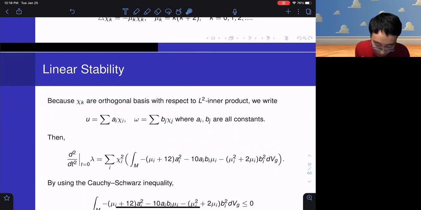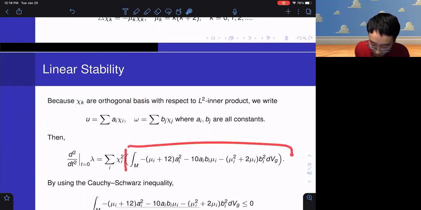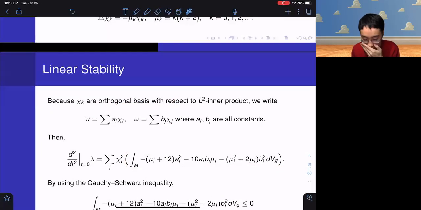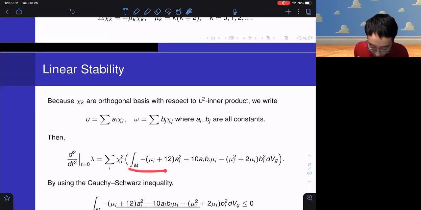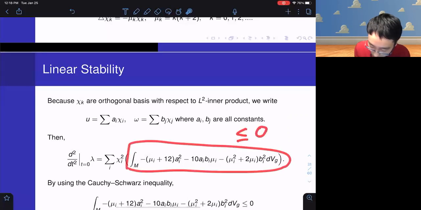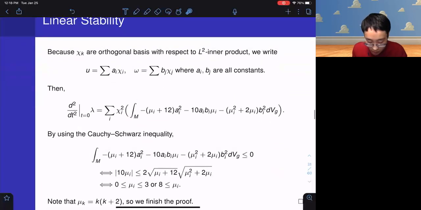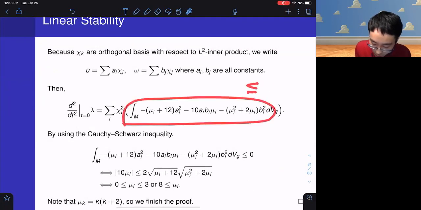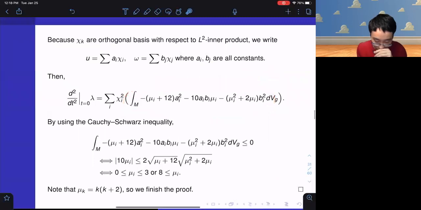Then by plugging this into our second variation formula, it's going to be a summation of chi i squared in terms of this integration. Okay, so if I can prove that this is always non-positive, then we are done. But unfortunately, if you use the Cauchy-Schwarz, this property is non-positive if your mu i lies between 0 and 3, or your mu i is greater than 8. But as we recall, your eigenvalue is k times k plus 2.